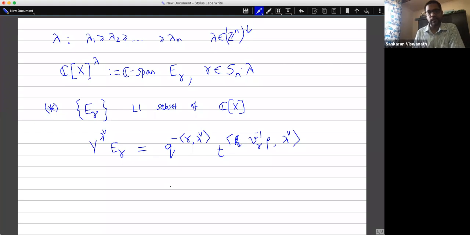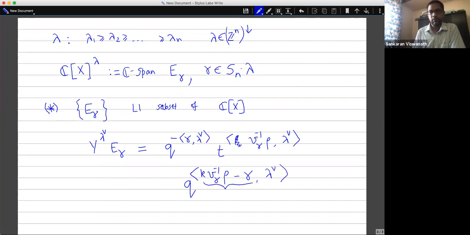Or, as we did last time, you can just think of it as a single variable q instead of 2 separate variables. We wrote t as q power k and thought of this as a single exponentiation. In some sense, this is the eigenvalue.